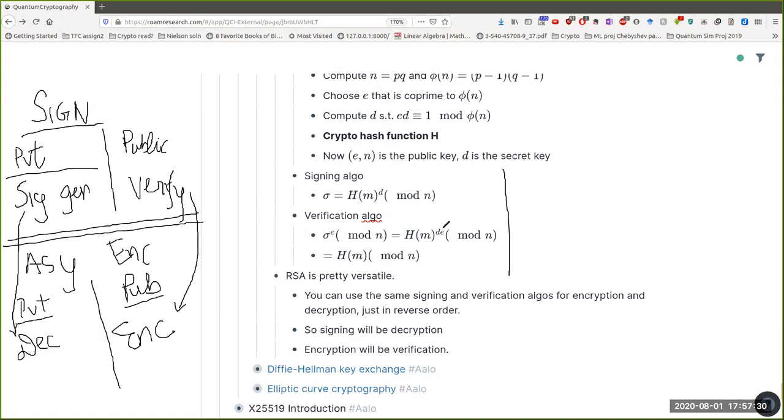So instead of this, I have the message to the power E modulo N. Okay, this is my encryption. I have encrypted my message, it became a ciphertext.